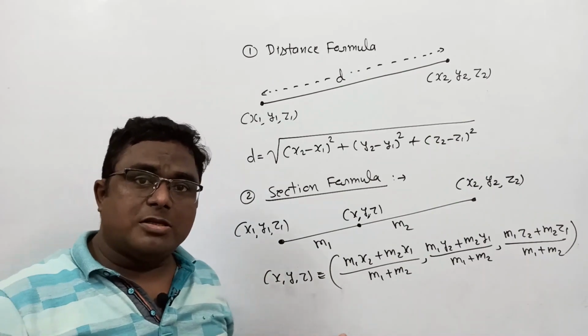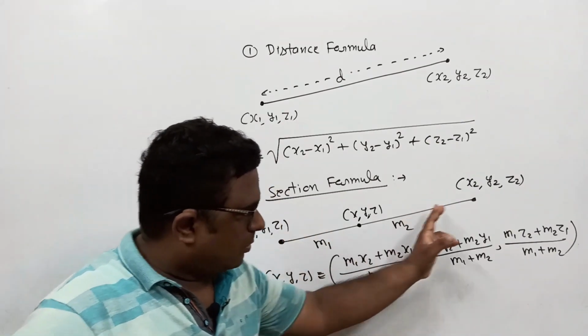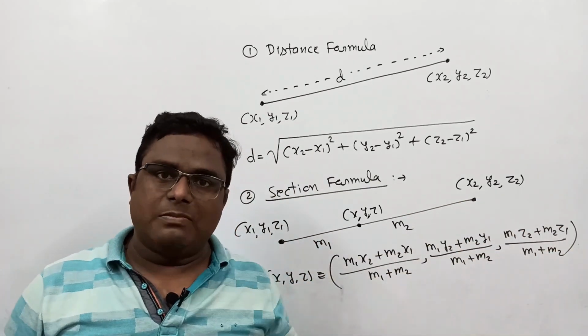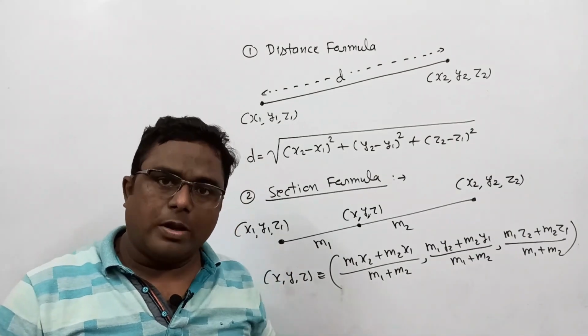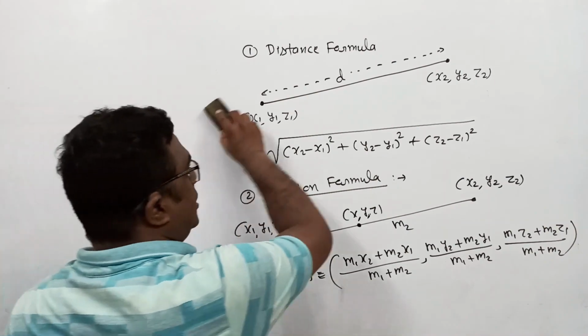And in case of external division, only one change you have to do. In this formula, you will replace all these plus signs by negative sign, then you will get the section formula for external division.